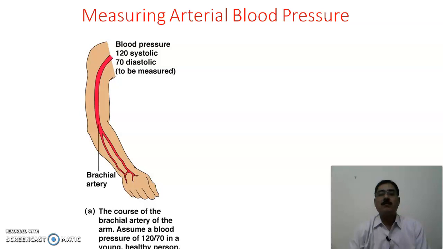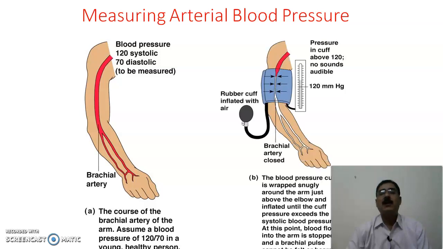The course of the brachial artery of the arm. Assume a blood pressure of 120/70 in a young healthy person. In the next diagram you can see we are applying a rubber cuff, initially inflated with air.